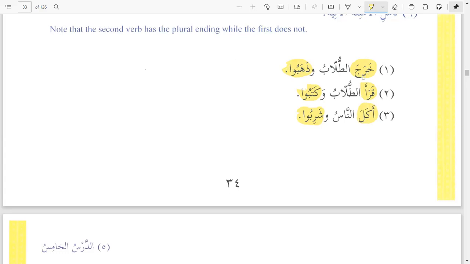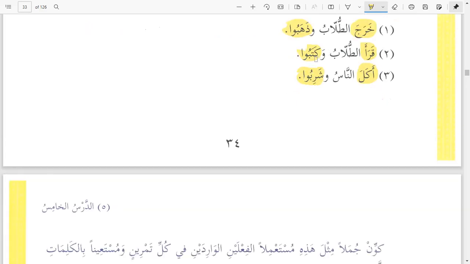So if you read this kind of sentences, kharajat tulabu wa zahabu, the students left and they went. Qara'at tulabu wa katabu, the students read and write. The second verb will be plural.